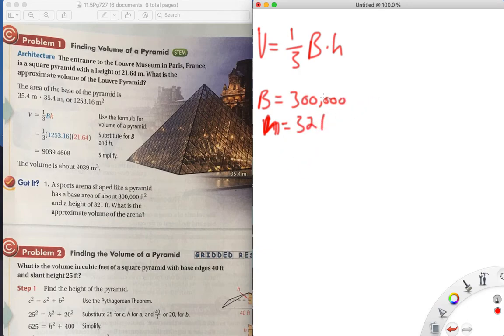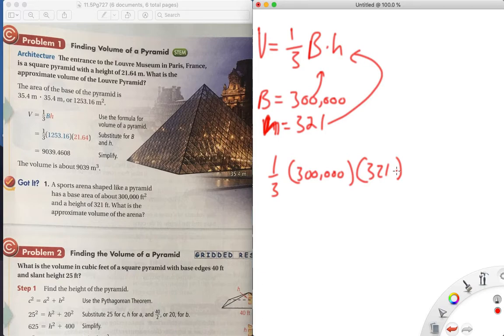We just substitute 300,000 for base, 321 for height, so it's going to be 1/3 times 300,000 times 321.